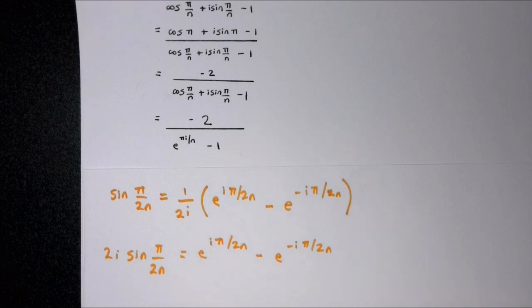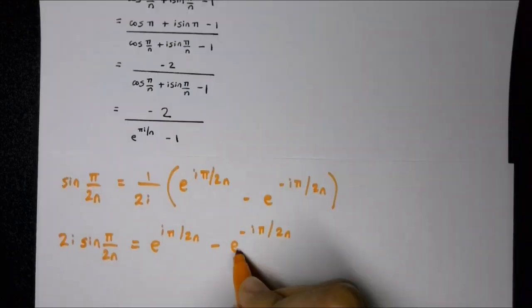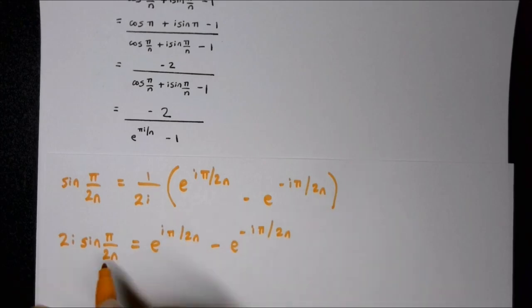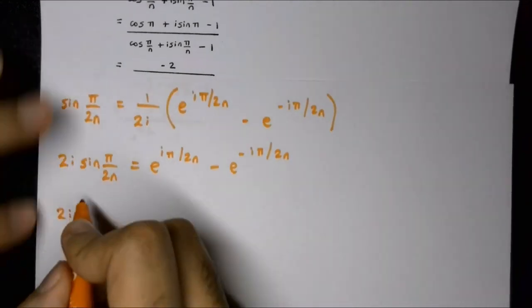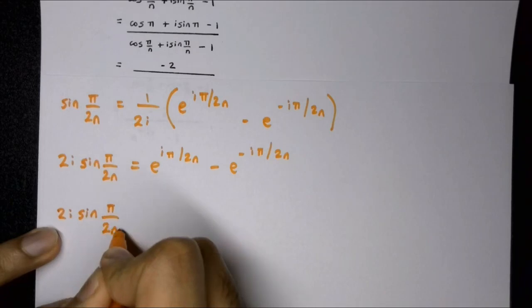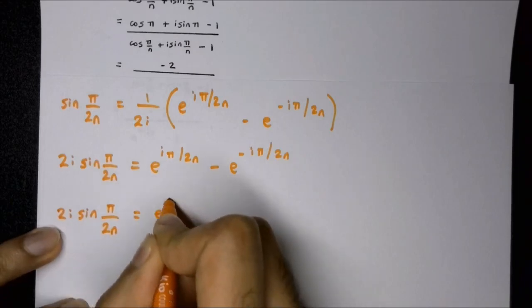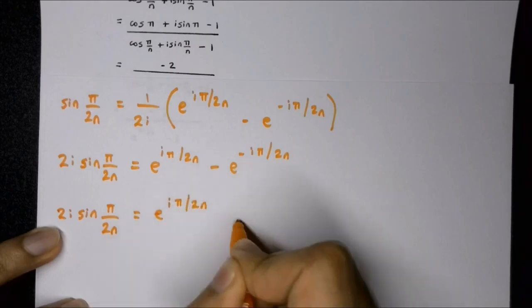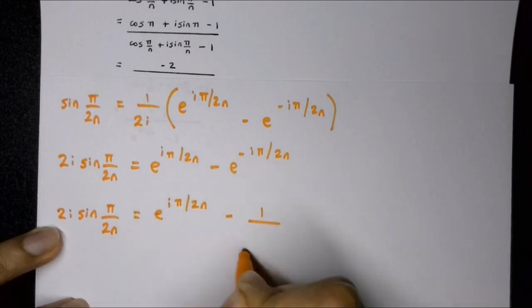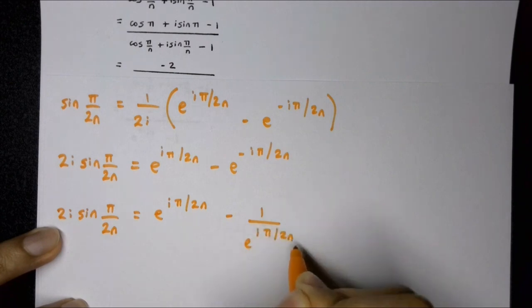Well, let's think about this. e to the minus something, that's 1 over e to the something. So 2i multiplied by sine of pi over 2n is equal to e to the i pi over 2n minus 1 over e to the i pi over 2n.